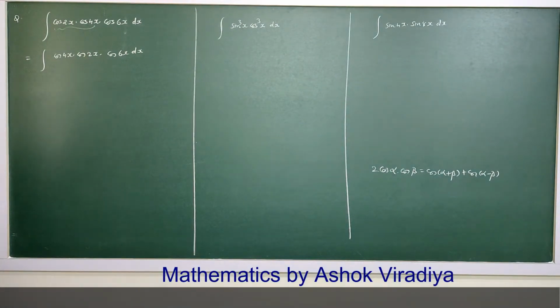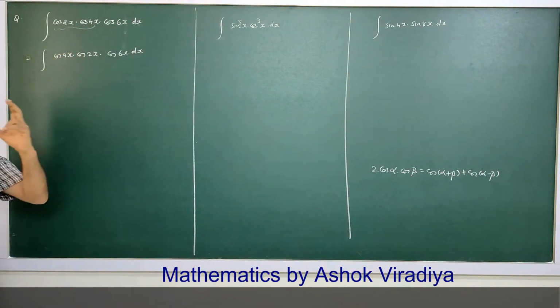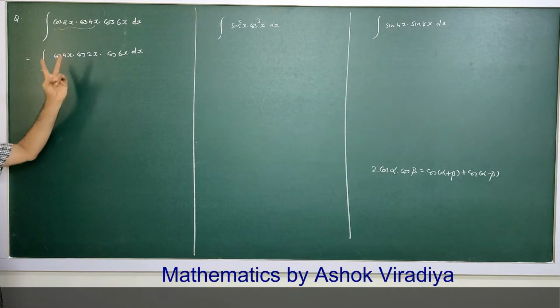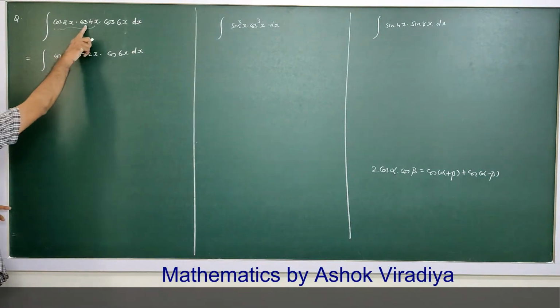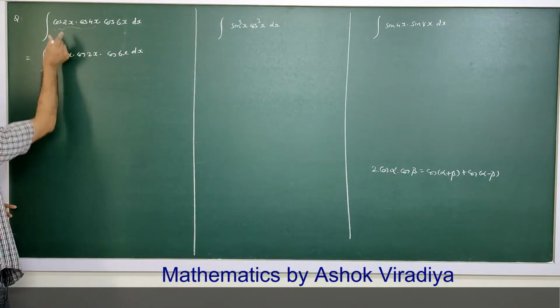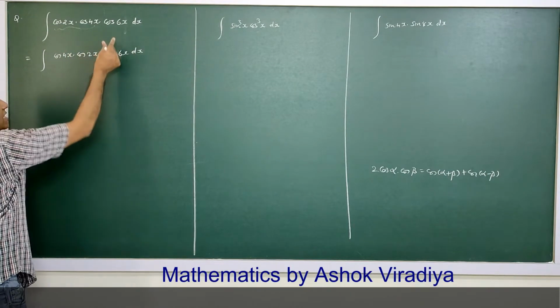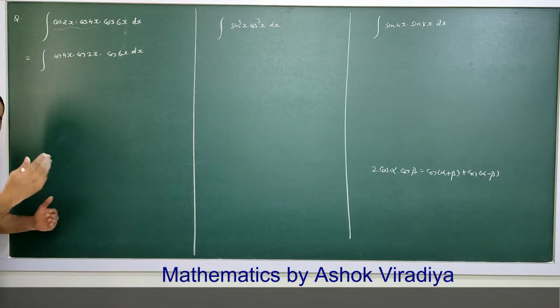So you can associate any two numbers from these 3. I am taking association of the first two numbers, and in this association, the greater valued number I keep first, the smaller valued number I keep second. Cos 6x, the left number, keep inside.